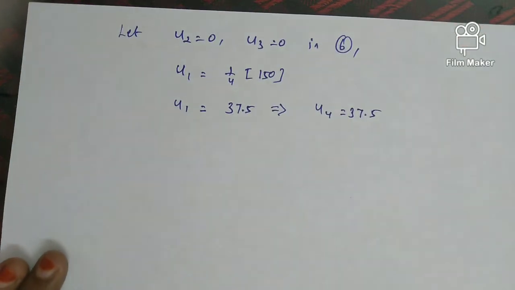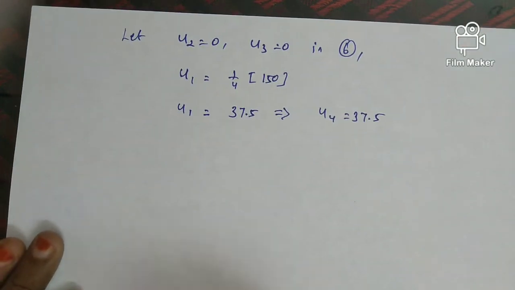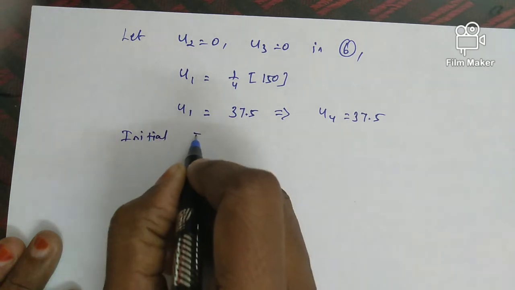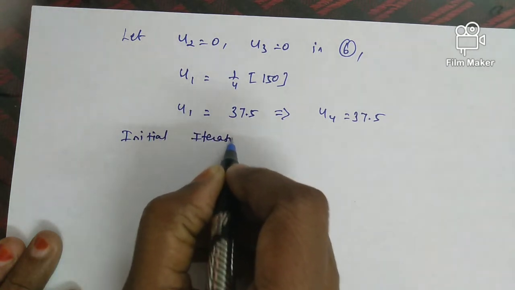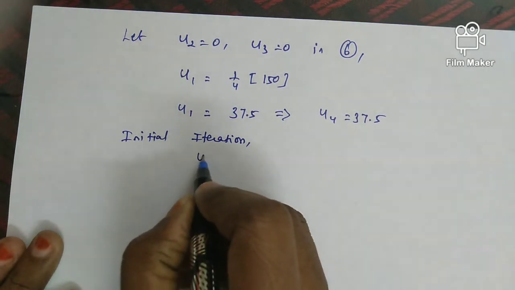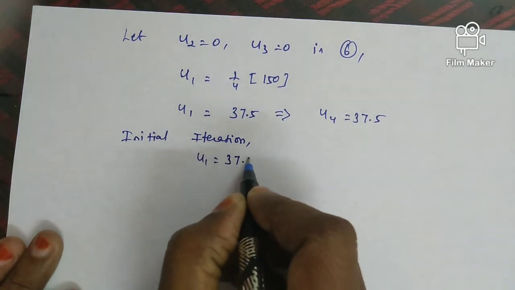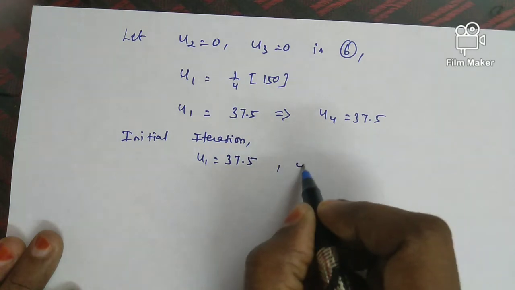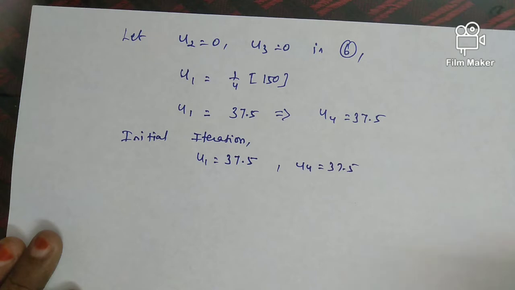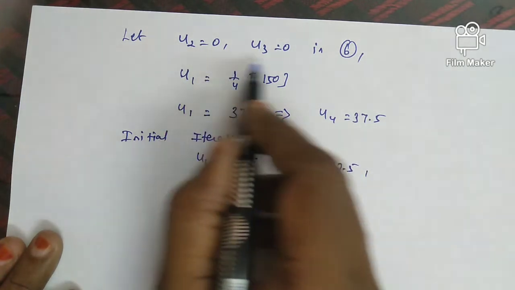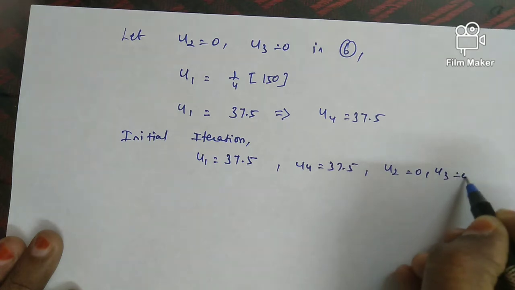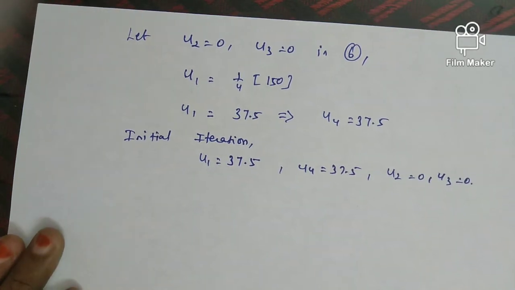Using this u1 and u4, we will go for the initial iteration. For the initial iteration, we take u1 as 37.5 and u4 also 37.5. And what is our u2? We have taken at the beginning u2 equal to 0 and u3 equal to 0. So this is our initial iteration value.